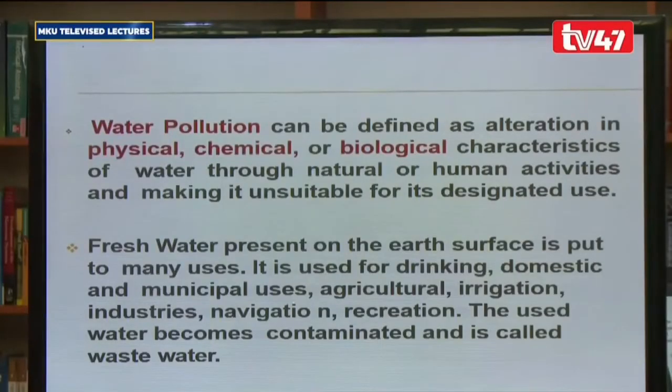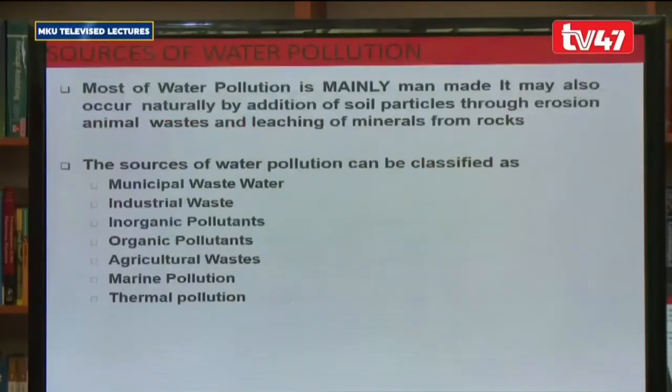Now, when it comes to water pollution, the chief source is mostly man-made.